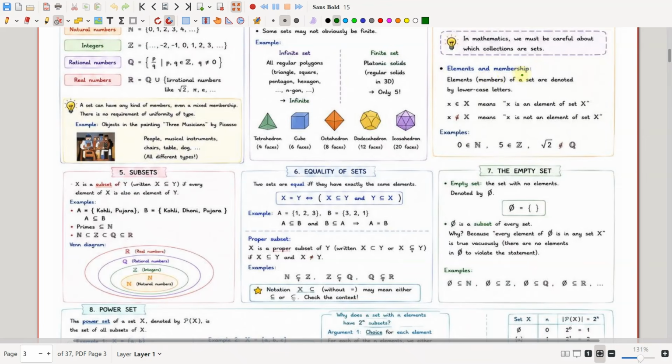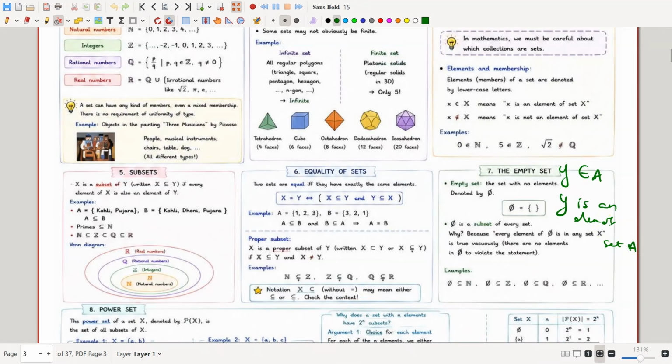Uppercase should be used to denote the set names, and the values inside that set should be represented using lowercase letters. So y belongs to A means y is an element of the set A.